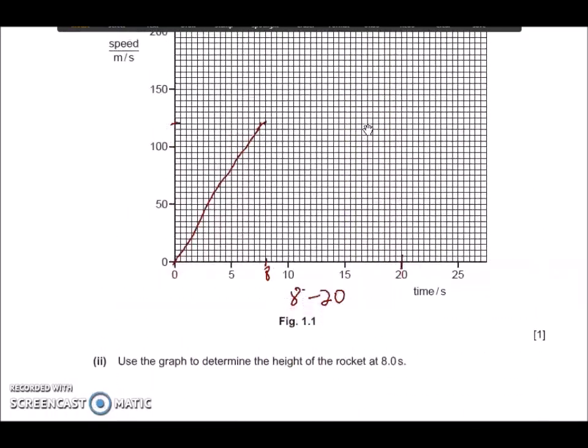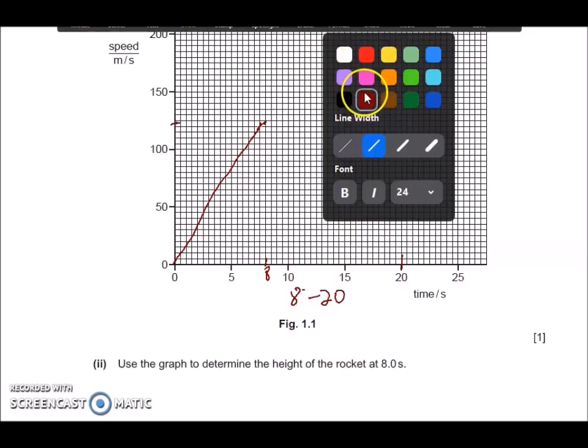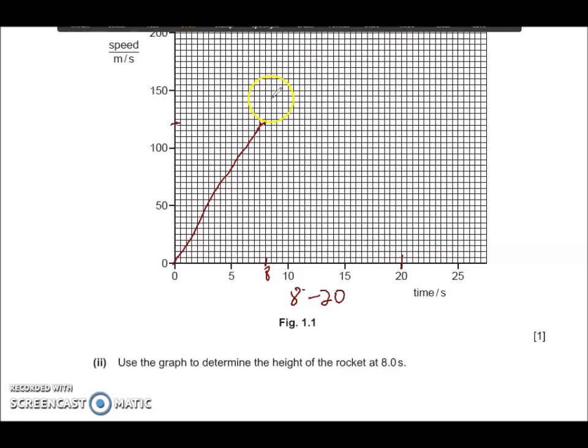It means that with decreasing acceleration, the graph will have a decreasing gradient. But up to which point? The graph will be up to 20. So you can go in this kind of curve, up to you, but make sure you don't reach 200.